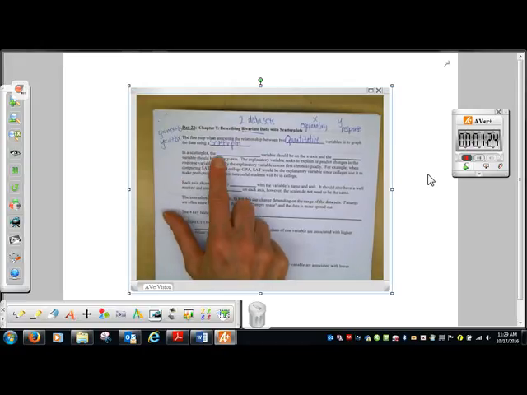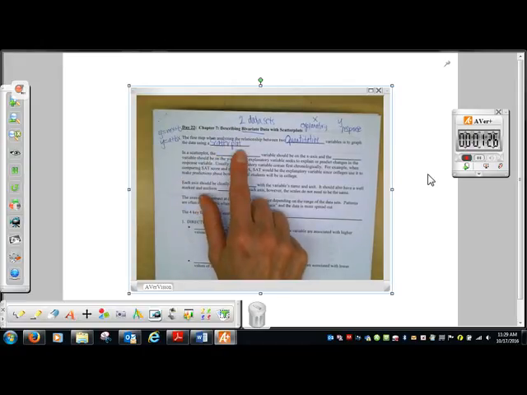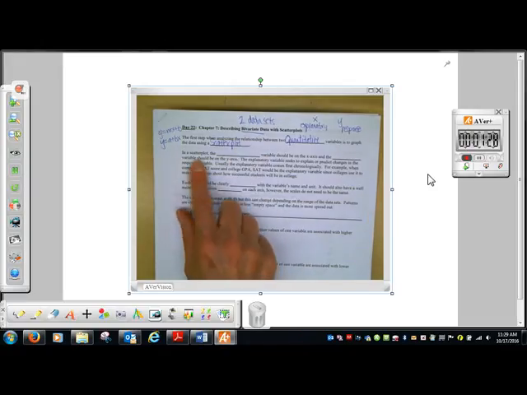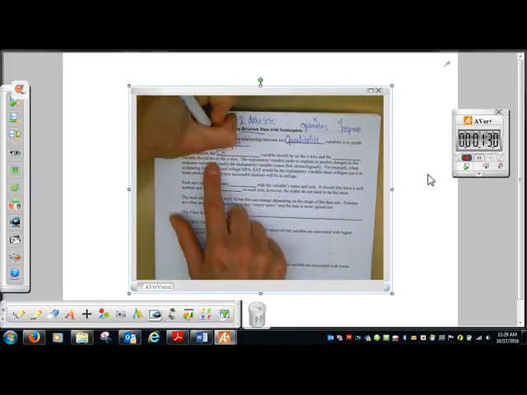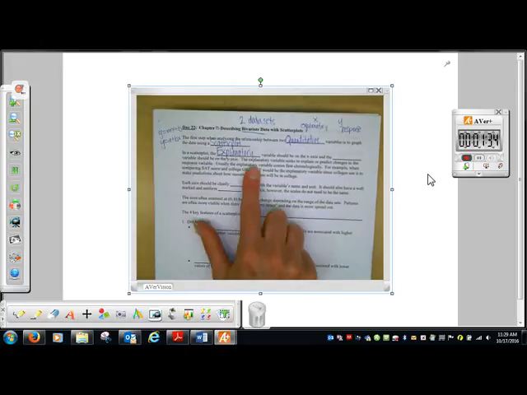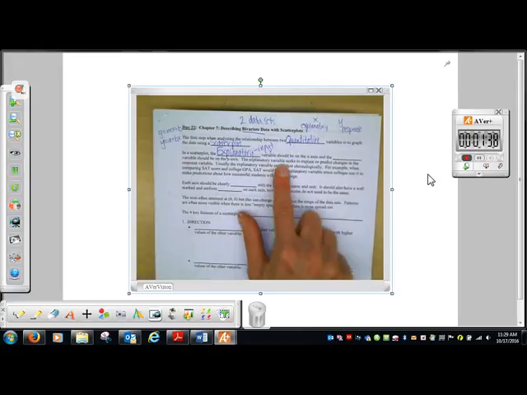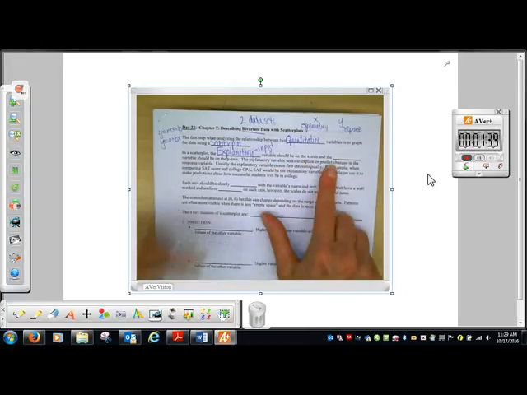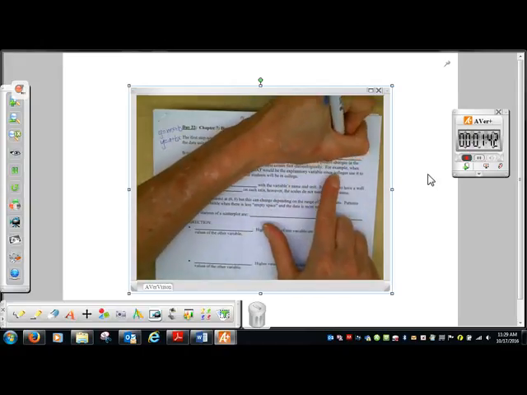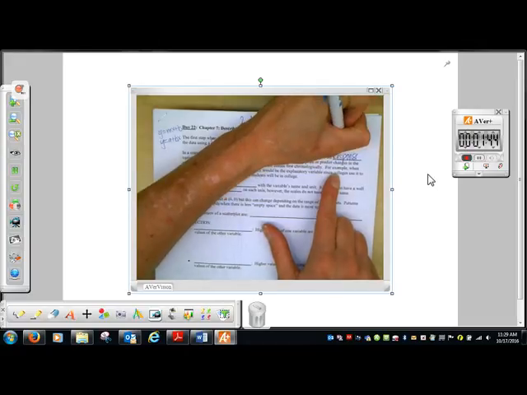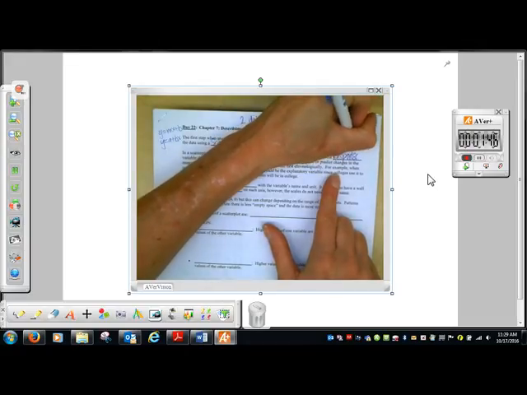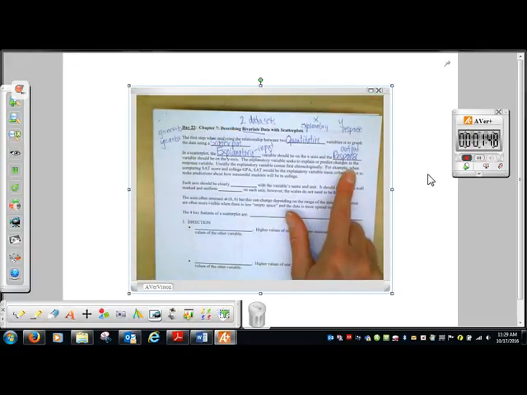In the scatter plot, the explanatory variable, which is like the input, like your X, should be on the X-axis, and the response, which is the output, is also the dependent variable.